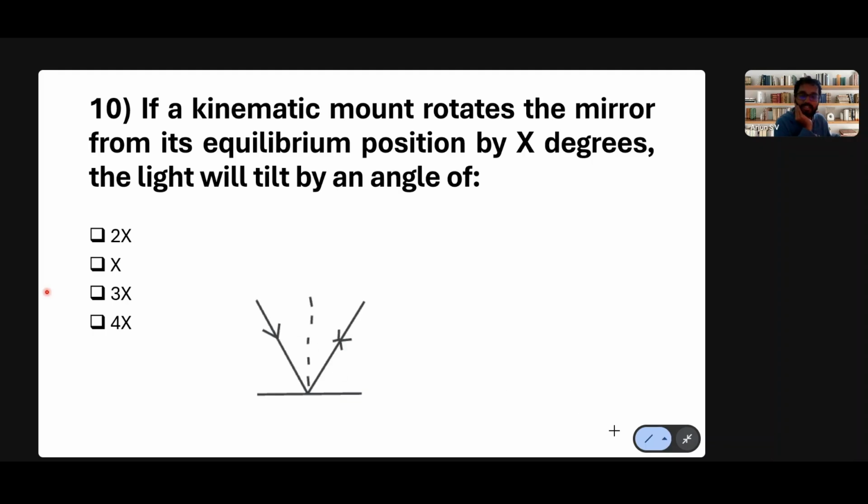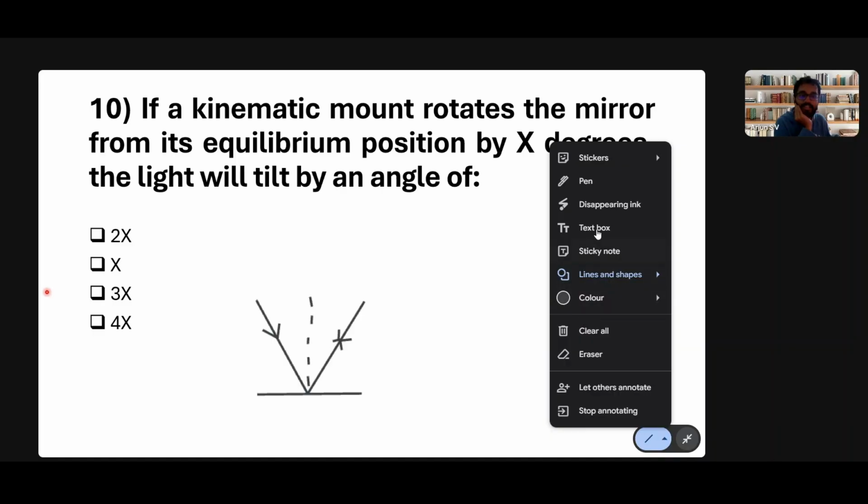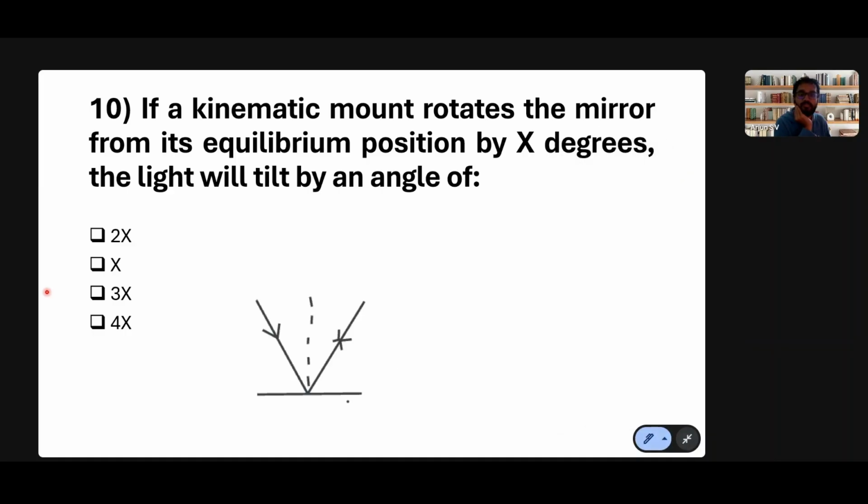So this is obtaining an angle of, let's just say, theta. I'm just simplifying the problem for you.